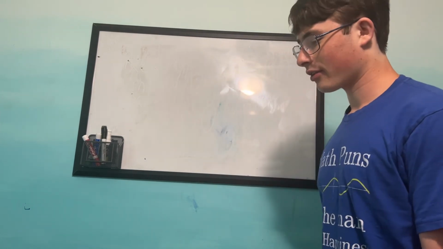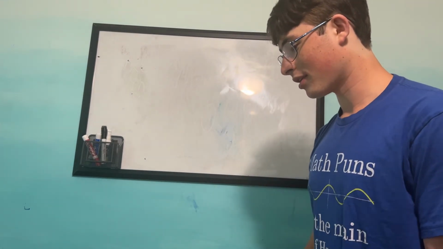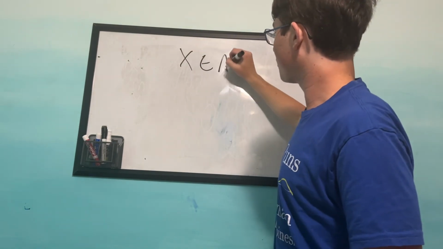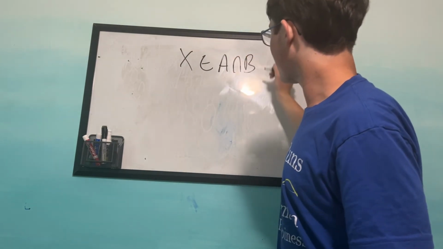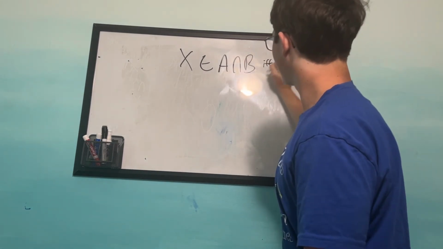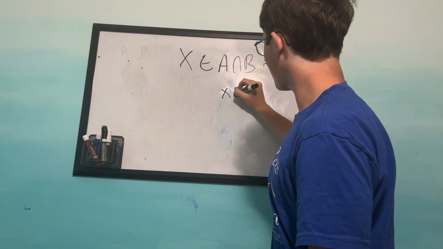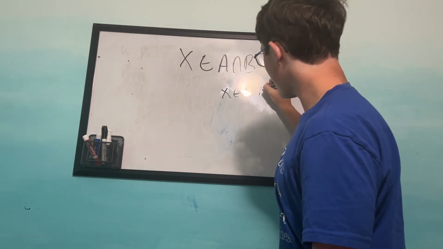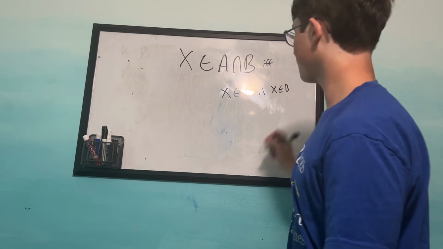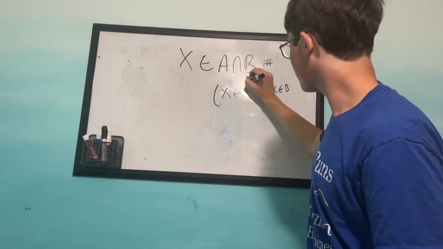So then you can go back to the rules that we had at the beginning, for example, x is in the intersection of A and B if and only if x is in the set of A and x is in the set of B. Parentheses here.